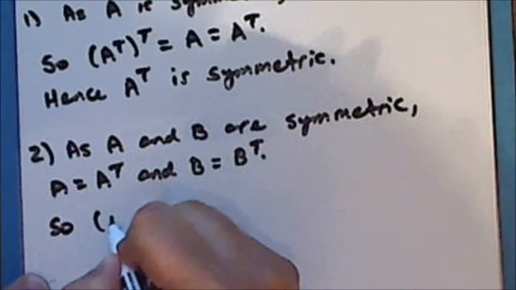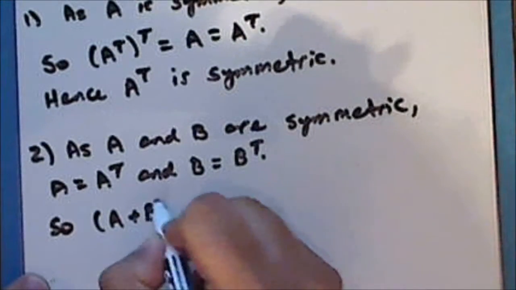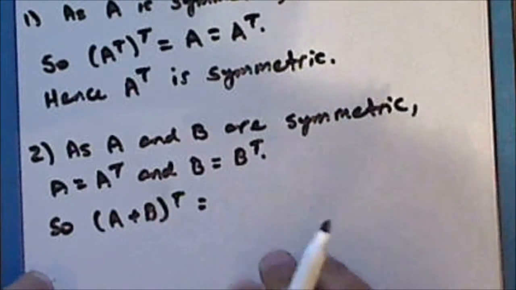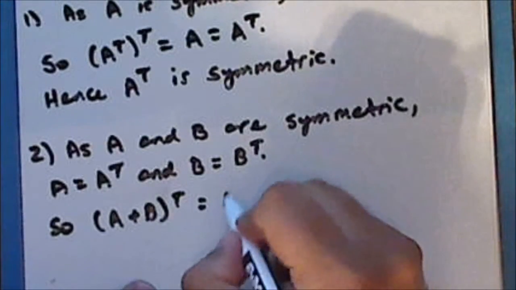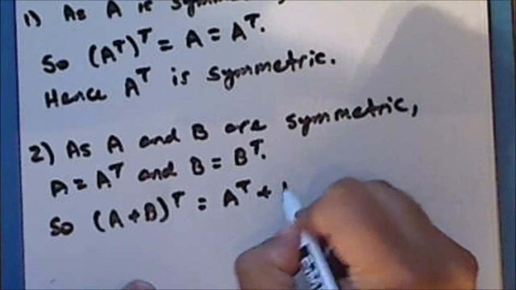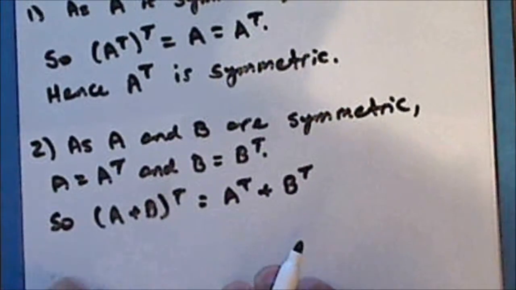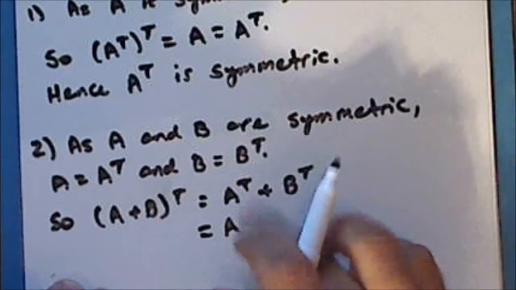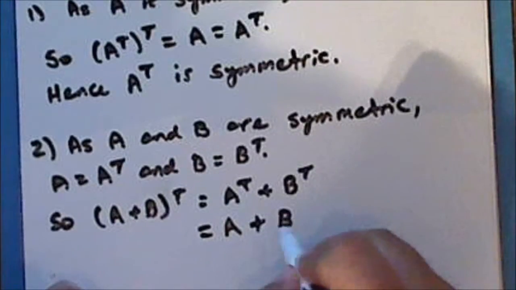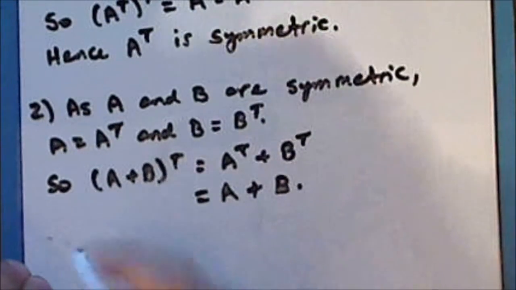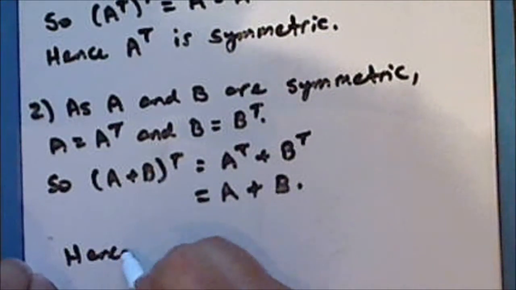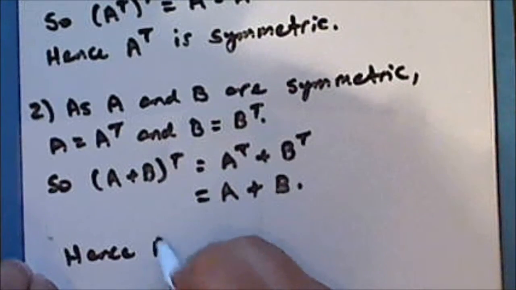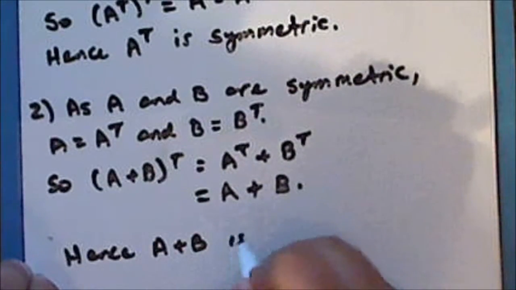And so the transpose of the sum, A plus B, which is the sum of the transposes, where A transpose is the same as A, and B transpose is the same as B, and hence the sum, A plus B, is symmetric.